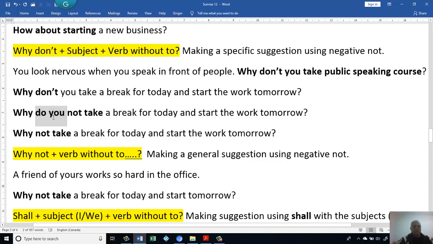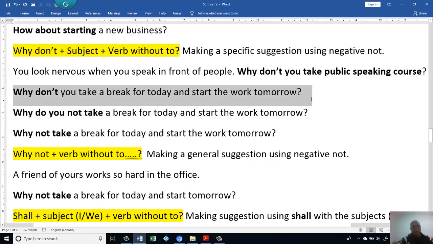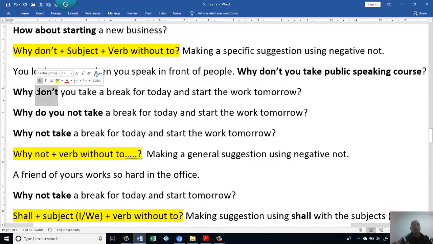Okay, but if the sentence is like this, because if you remember, we said that don't is acting as one word. That's the reason, if we look here, it is the same don't, but separated. Do is here, not is after the subject. Then this case is gonna be easier for us to understand.